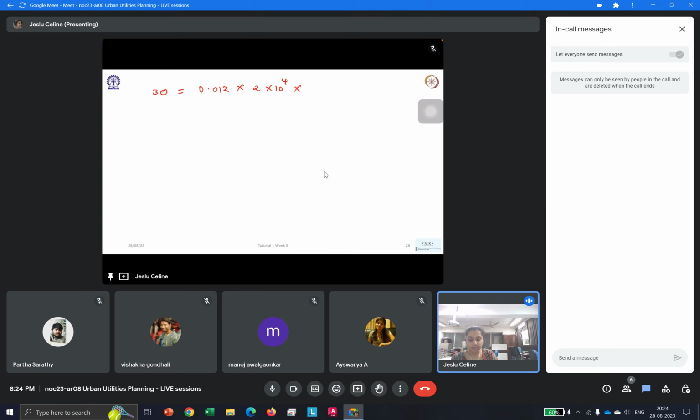Q is 10.31, which we just found out, so the whole square, divided by 2 into 9.8, which is 2G, and pi by 4 the whole square itself, and D raised to 5. D is what we have to find. So let's solve this now.